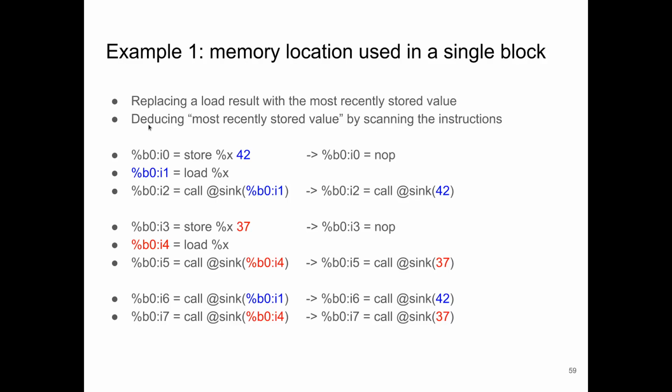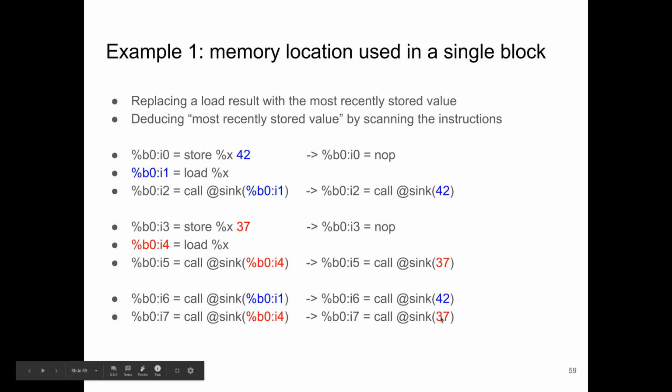So at this point of time, at I1, the most recently stored value is 42, and as a result, I1 should be replaced with 42. I1 is replaced with 42, and here I1 is replaced with 42 at I6. Similarly, at this line, I3, the most recent value is updated to 37, and it is replacing the load result of the next instruction. So I4 is replaced with 37. This I4 is replaced with 37, and this I4 is replaced with 37 here.